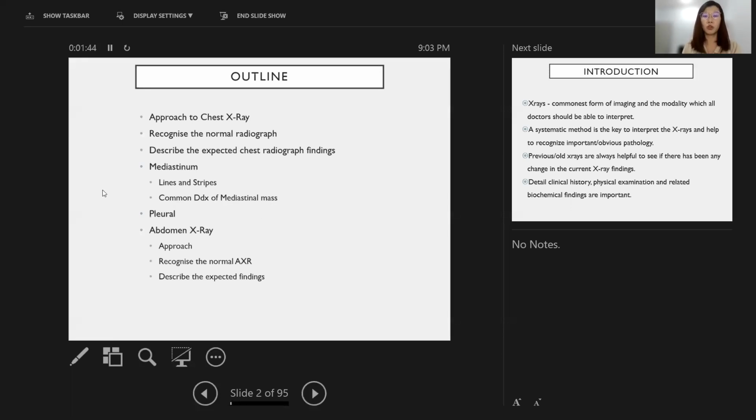And then next we'll look at some X-rays regarding pleural abnormality. And then after that, we go to abdomen X-ray, some simple approach, and then the normal abdomen X-ray, and also revise some expected findings like bowel obstruction, the common abnormalities that we encounter in our clinical setting.